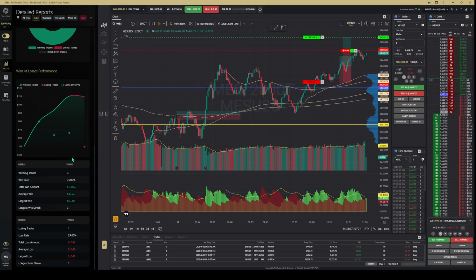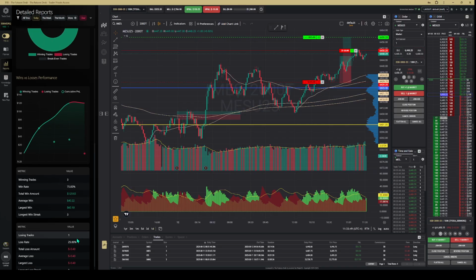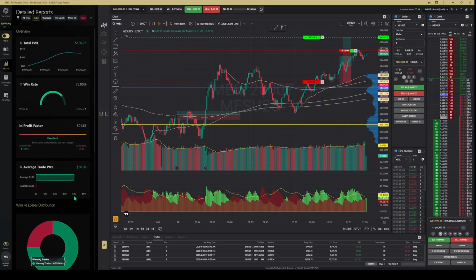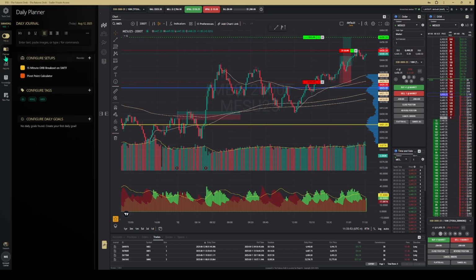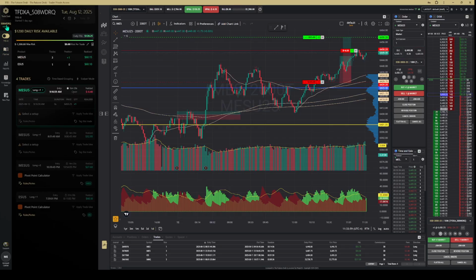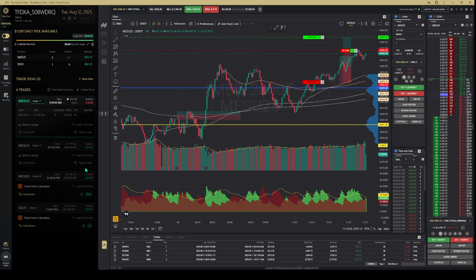It says losing trades, but this trade isn't closed yet, so I don't believe it's a losing trade yet. Okay, so we are still in this trade. Still getting used to it, so bear with me. This is a daily journal. I don't want to look at the daily journal. I want to look at the trade that we're currently in. So that's this one.